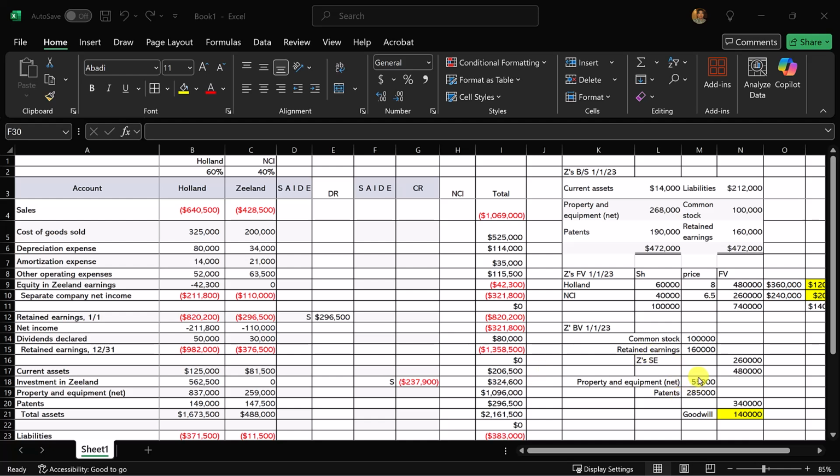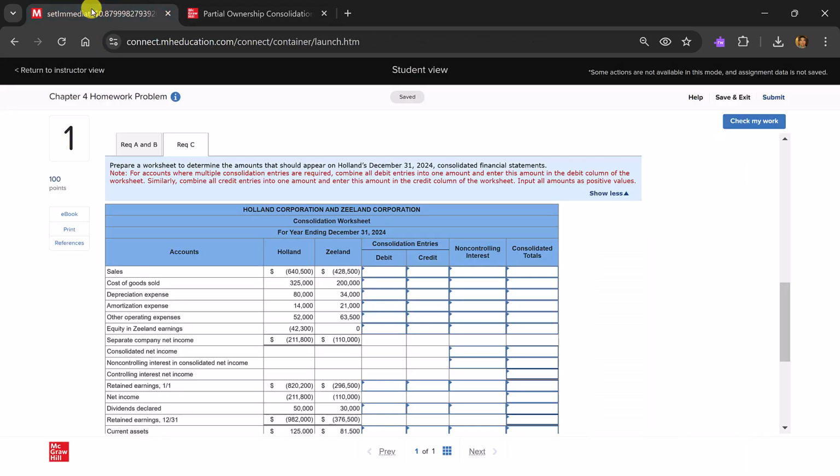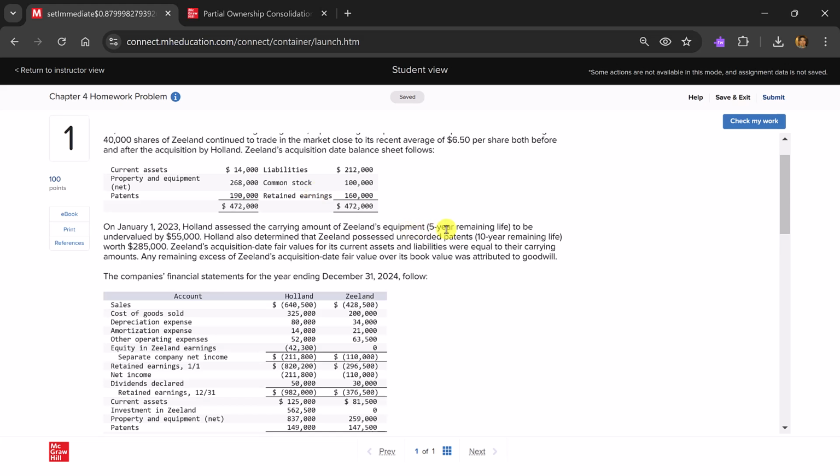So let's use these two amounts here and amortize it out. I need to know the remaining life of the equipment and patent. So where is that now? Here in the problem. 5 more years for the equipment, that's the 55,000, and 10 more years for the patent, 5 and 10.